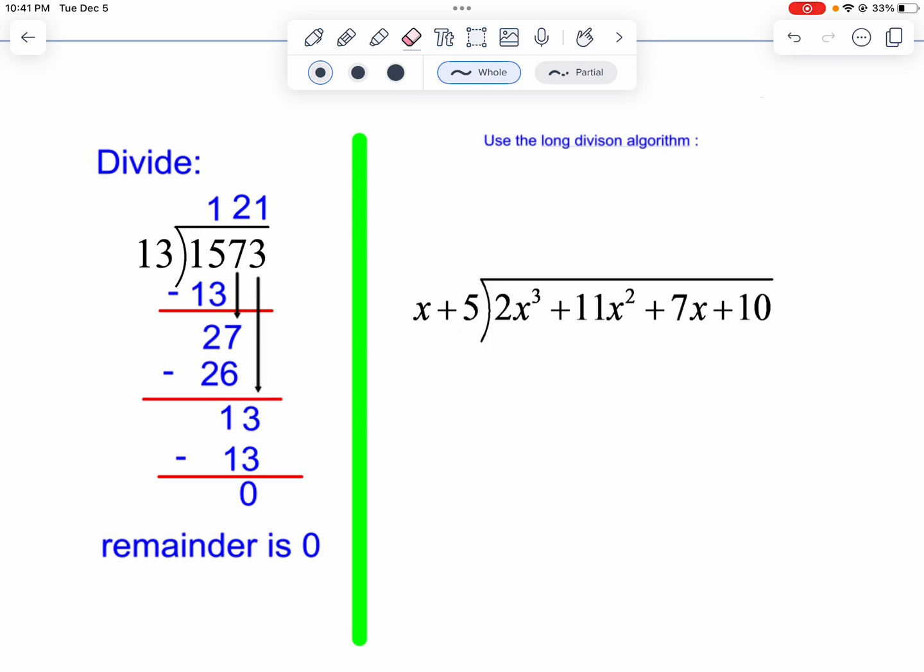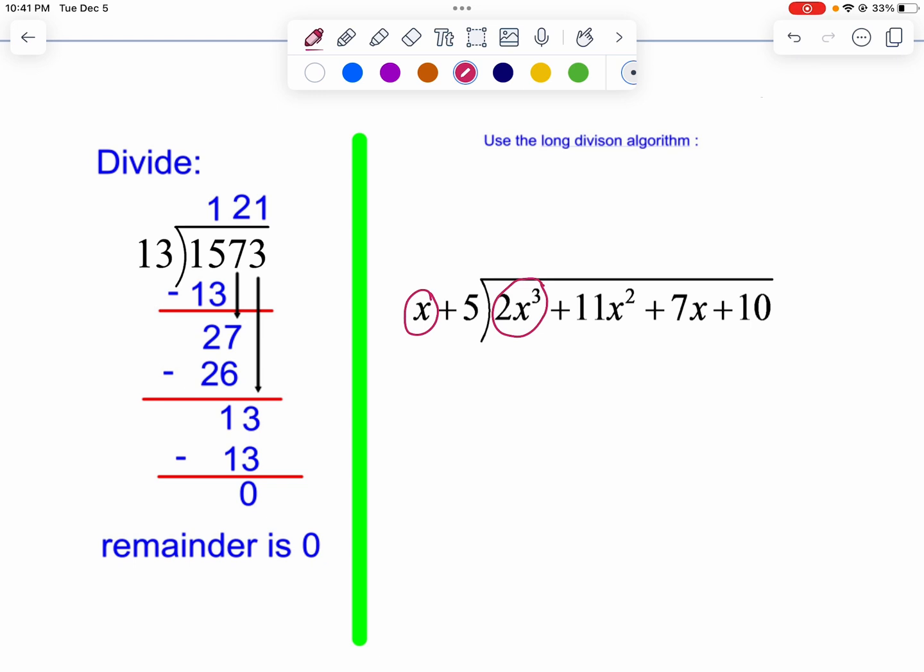Now, we're going to follow a similar process, just like we looked to see how many times 13 went into 15. We're going to do the same thing here, except with the x and the 2x to the third power. We want to see how many times x goes into 2x to the third power, basically trying to find out what do we have to multiply x by to get 2x to the third power.